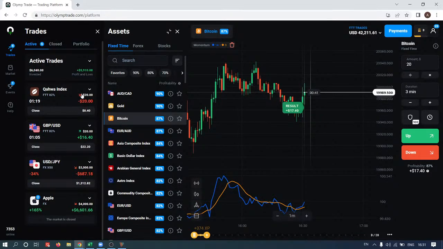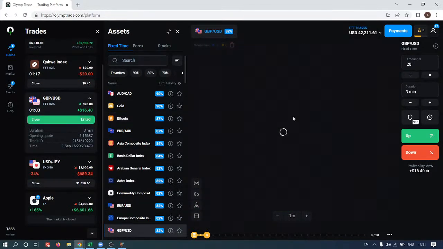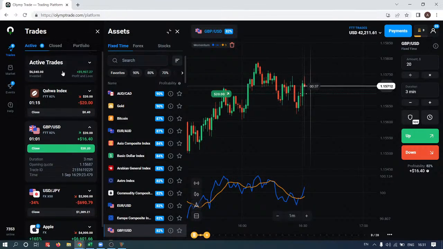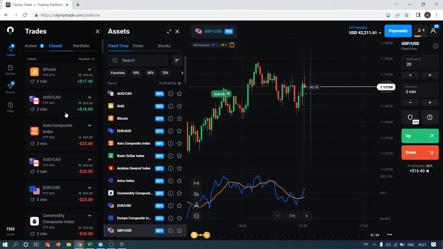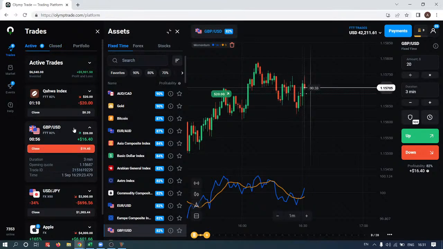All right, so a few trades of mine have just closed with a profit, so 2 trades, and I have 2 more active trades to go.